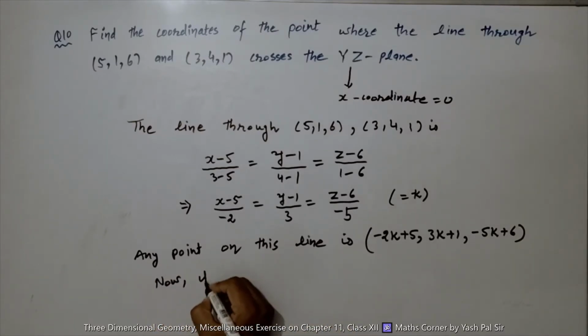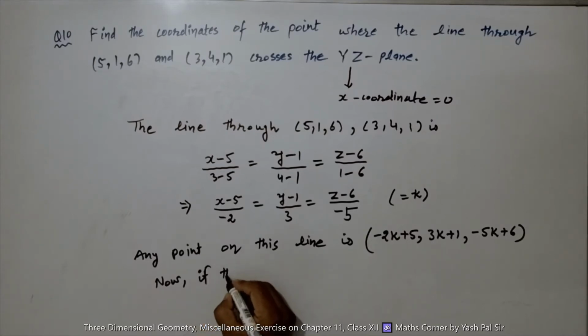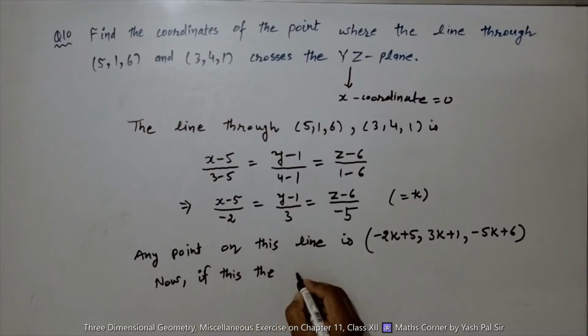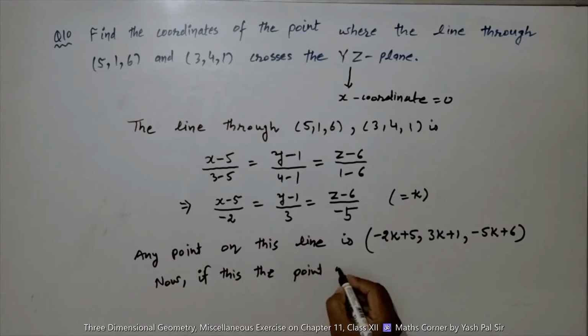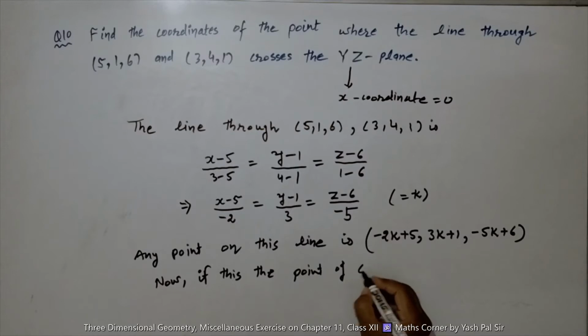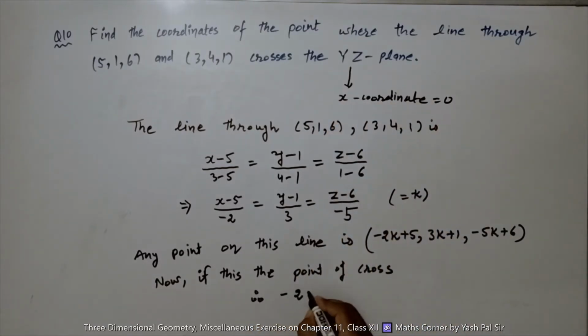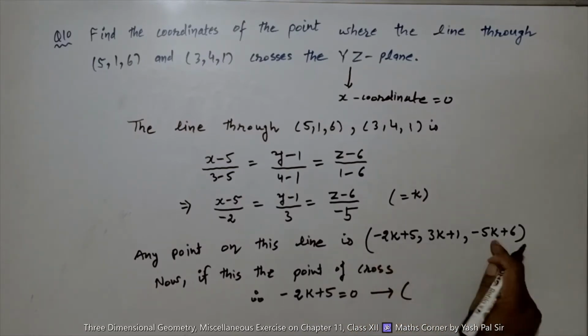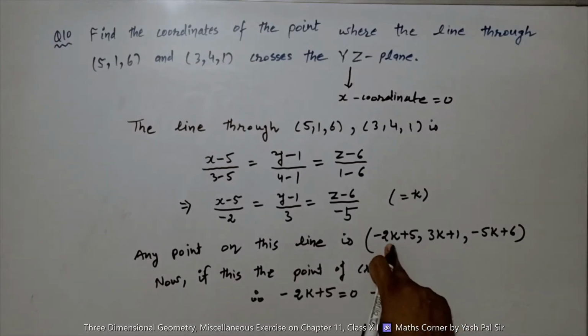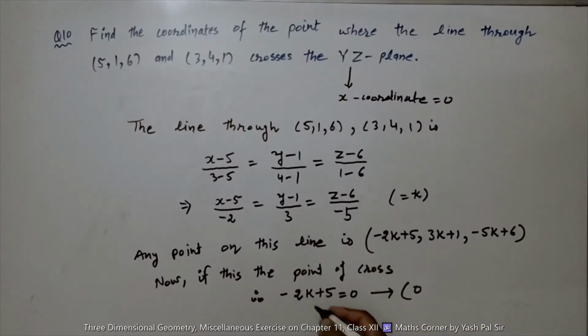Now if this is the point of cross, it means x coordinate should be 0. Minus 2k plus 5 is equal to 0. So accordingly this point becomes, x is already taken 0, and from here the value of k is 5 upon 2.